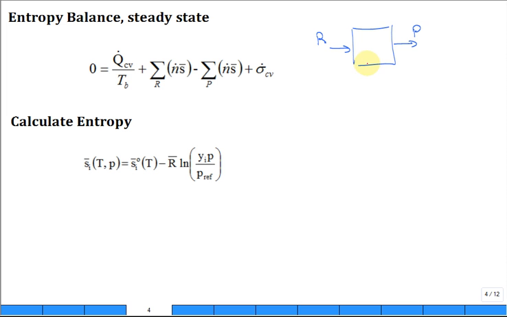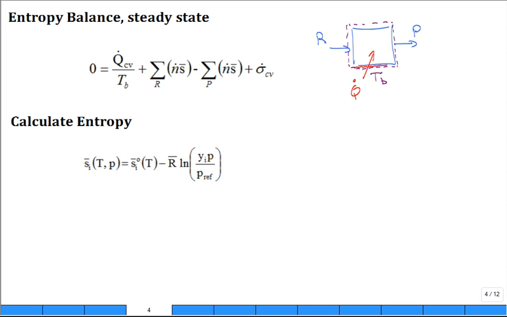you also have a heat transfer, Q dot, coming into the system, and it transfers across the boundary of the system. For entropy calculations, you have to know the temperature of the boundary of that system, because entropy is transferred with heat transfer.